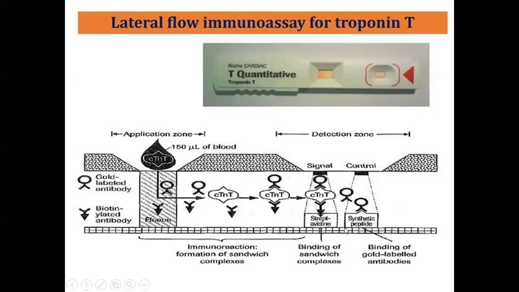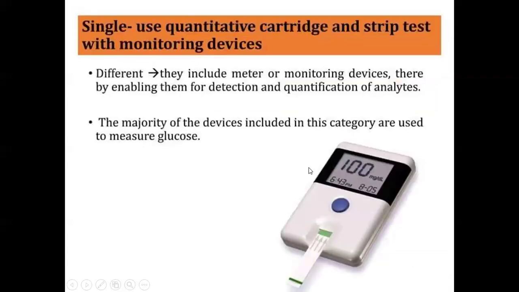And suppose molecules like streptavidin are present, the signal conduction will happen, and there will be a reaction for the control just to check whether the device is working or not. For the control, there will be one color, and if there is a positive reaction, there will be one more color which you'll be able to detect. So that's a very easy way. And this is a strip technique where you use a strip to detect.